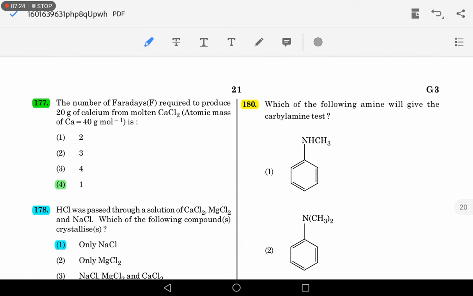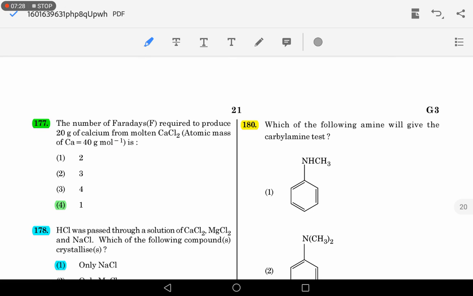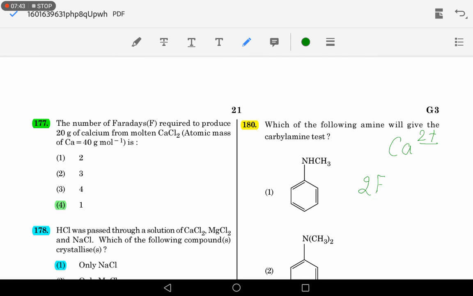The number of Faradays required to produce 20 gram of calcium from molten calcium chloride. The first thing we have to check is the charge on the atom which is to be produced. So the charge is Ca2+. The number of charge is the number of Faradays required.